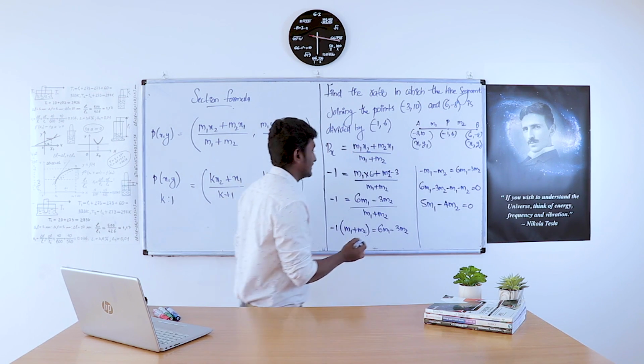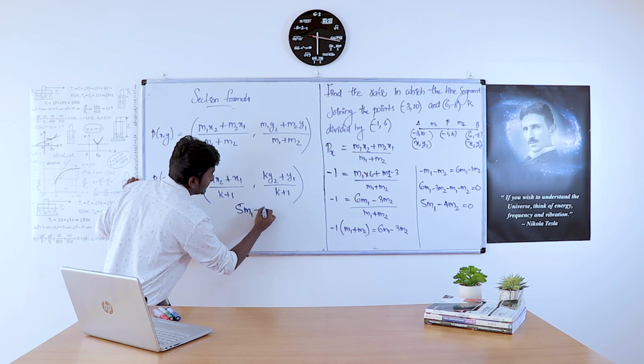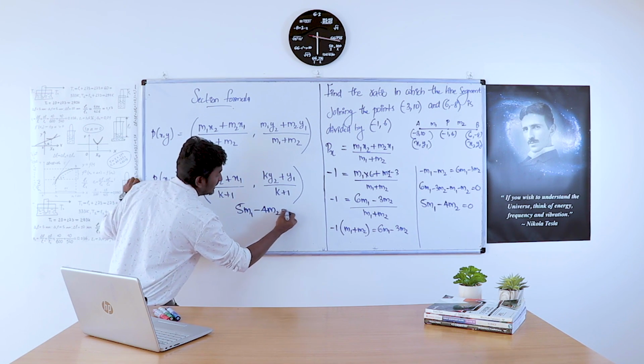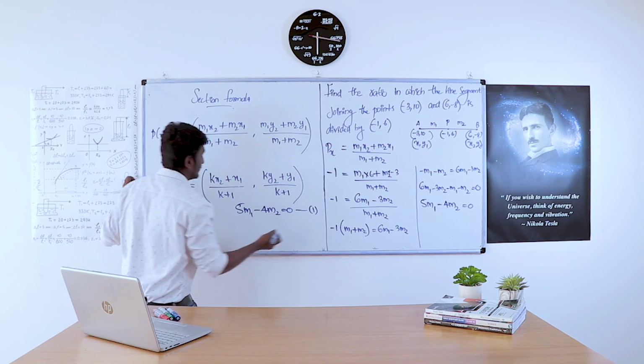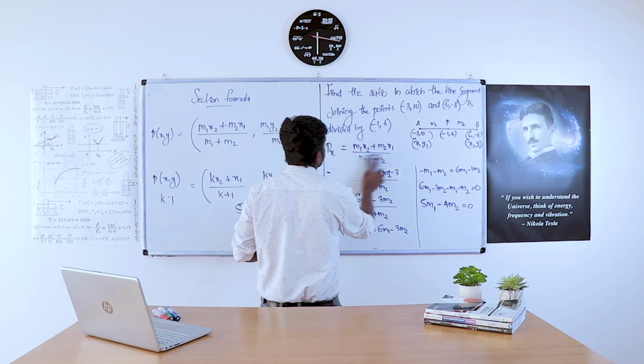Now we got an equation which can be taken as equation number 1: 5m1 - 4m2 = 0.